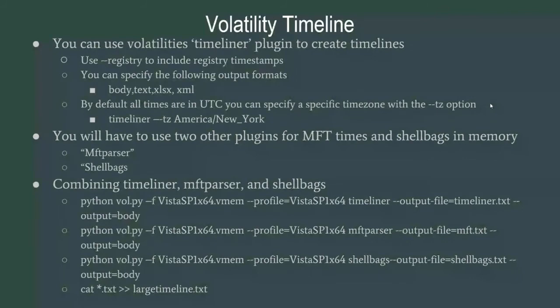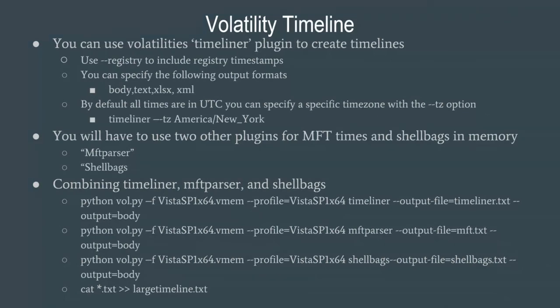Okay, so you can use the plugin called Timeliner to create the timeline. Which one did you guys see before that was doing it for you automatically? Let me go back to the text messages here.